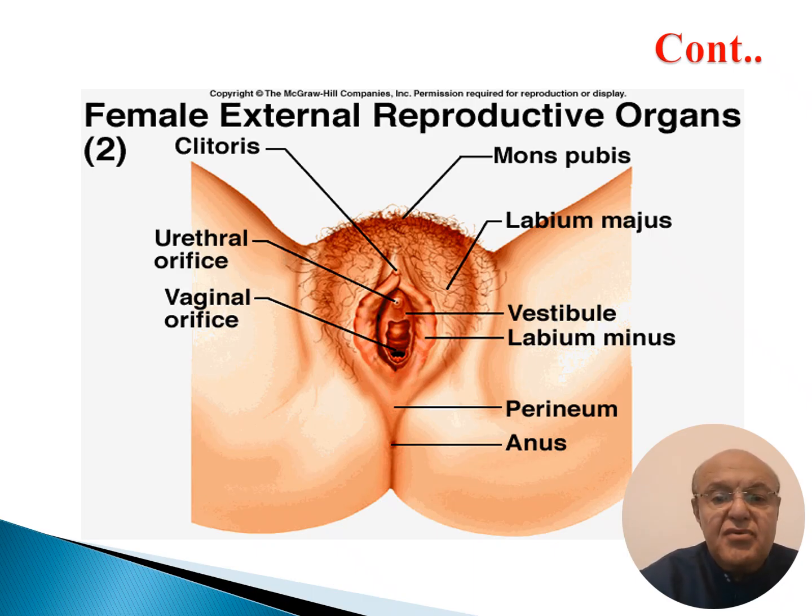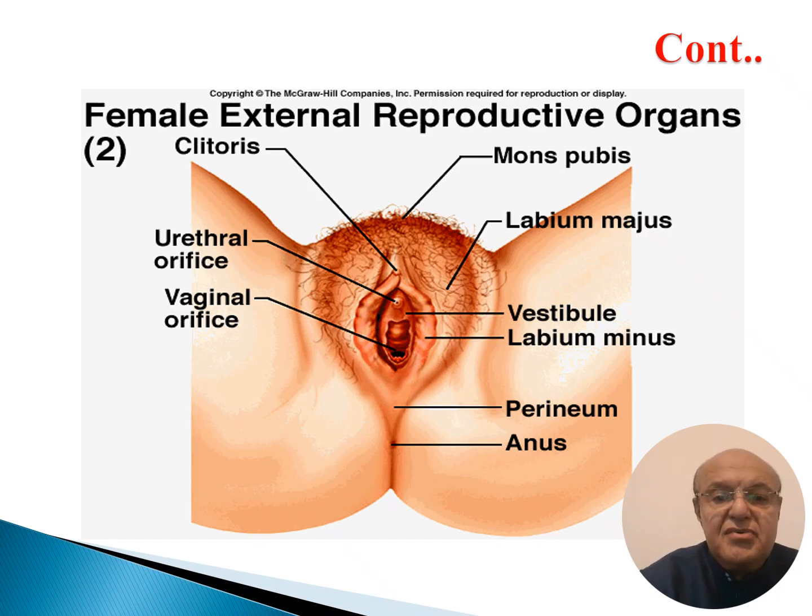The labia majora are the large folds of skin surrounding the vagina, and the thin folds of skin surrounding the vagina are the labia minora. The vestibule is the area between the top of the labia minora.